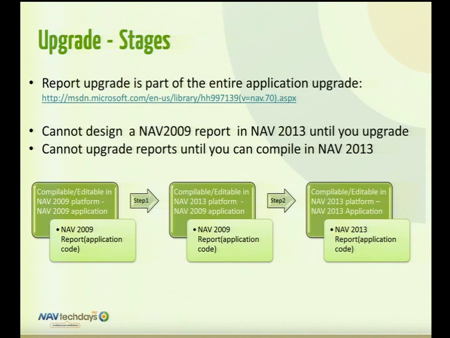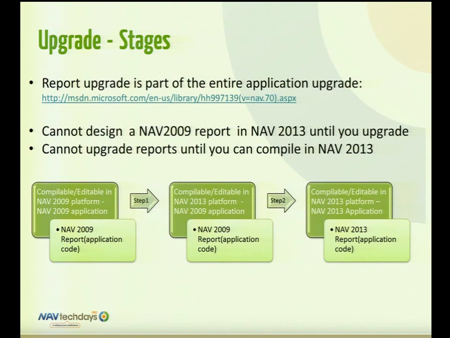Now your report will compile because it references the NAV 2009 objects, and you will be able to press upgrade on it to upgrade it to the 2013 platform. So in stage 2, you have a NAV 2009 application report upgraded to a NAV 2013 platform, with a data set and so on.